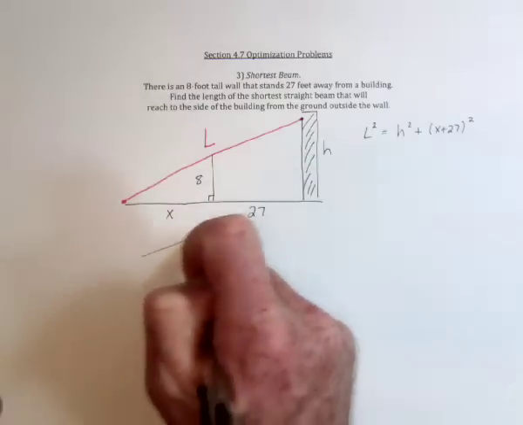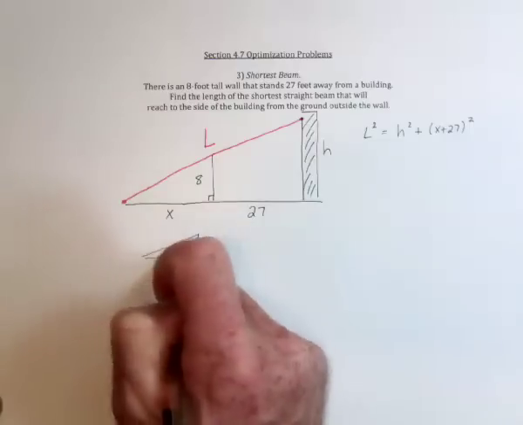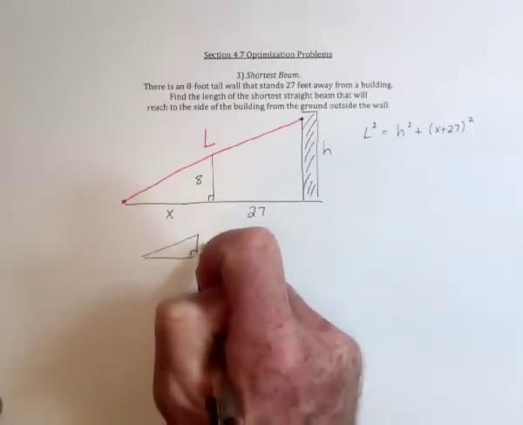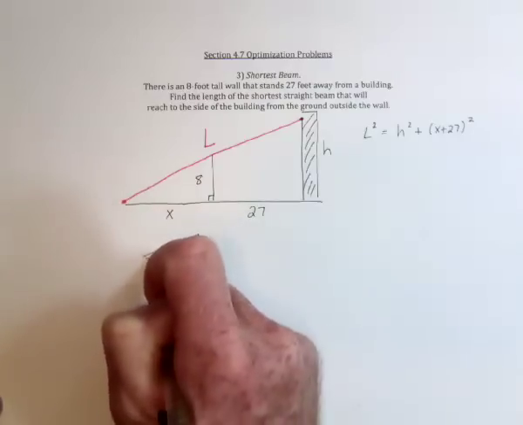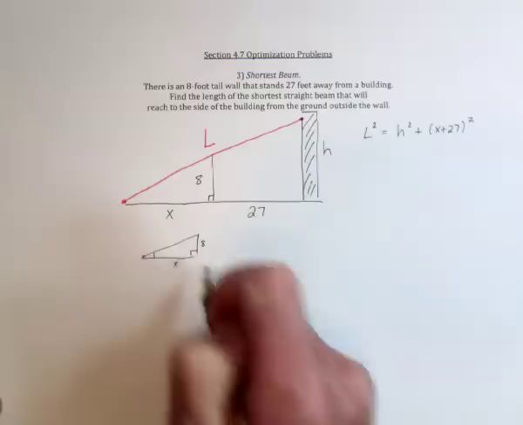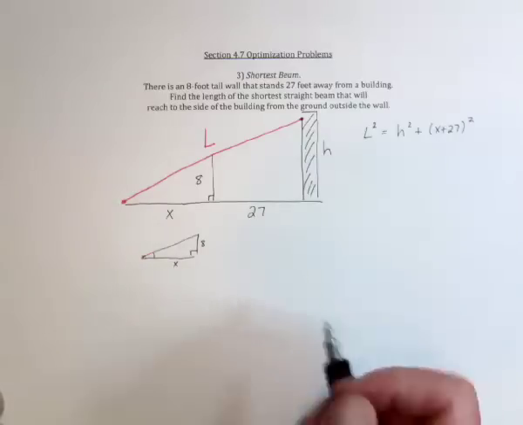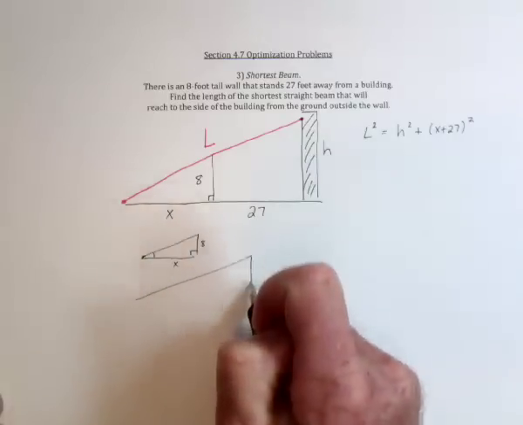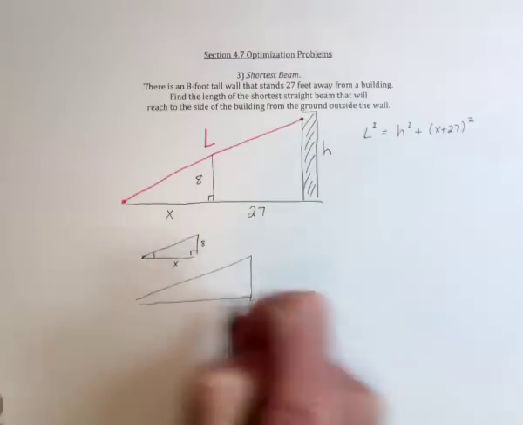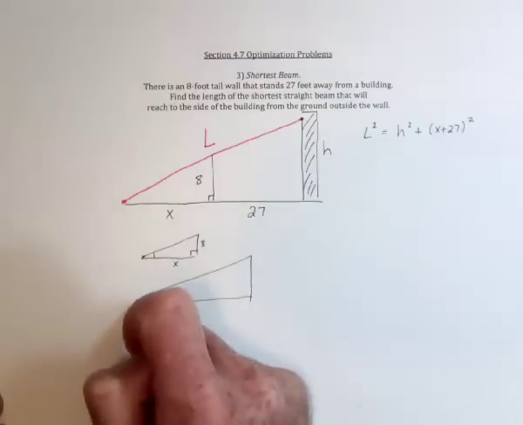Well, what I'm going to use is similar triangles. So there's this triangle that's a little right triangle, and it has this as its angle across from the 8. There's also this big triangle. It's got this same angle down here in the corner.